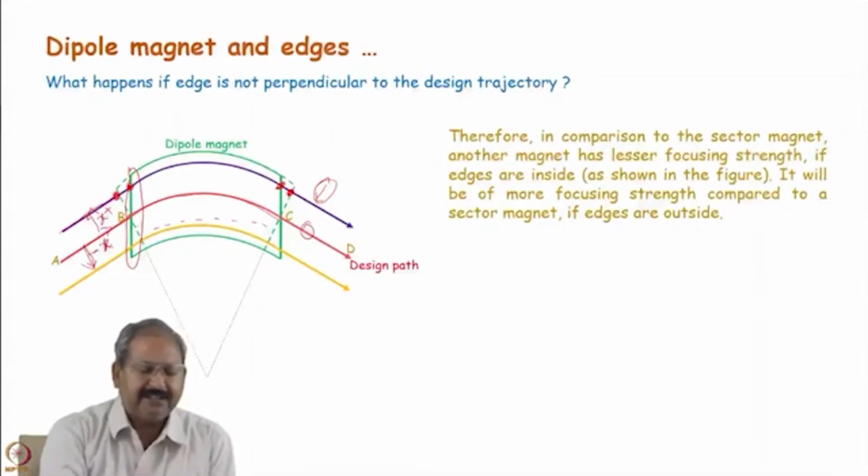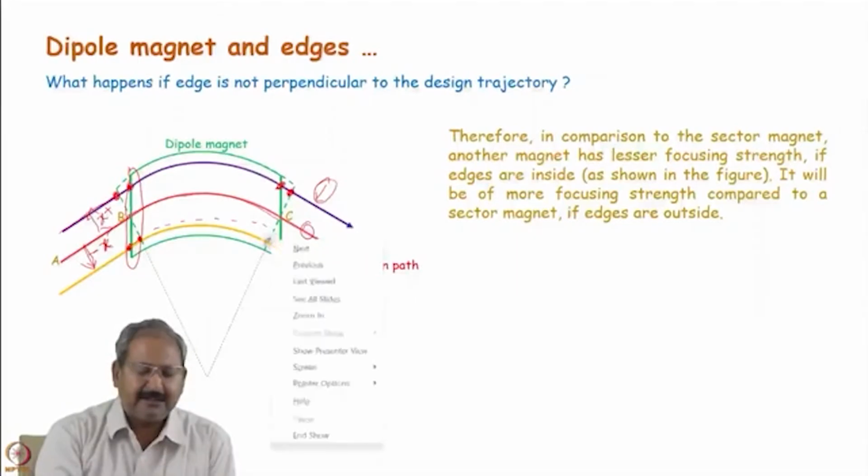You can see here, in the case of the present magnet, the trajectory enters here and starts bending from here. In the sector magnet, the particle was going straight up to this line and then bending started from here. And similarly in the case of the exit edge, in the case of the sector magnet bending stops here, and in the case of the present magnet bending takes place up to this point.